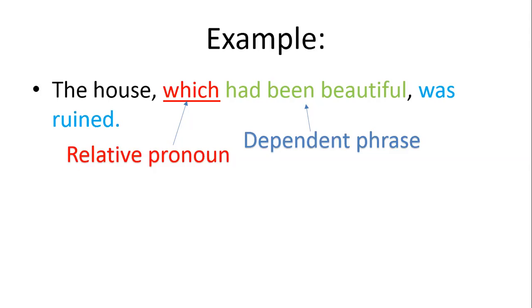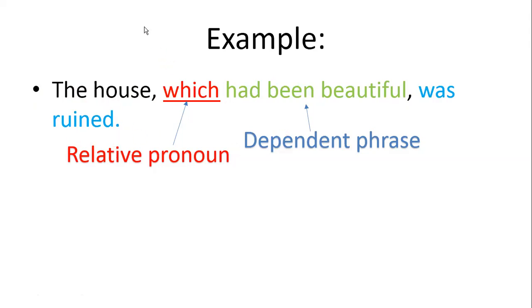I can remove the dependent clause and the meaning would still be complete. If I remove this phrase, it would actually give me a complete sentence: the house was ruined.